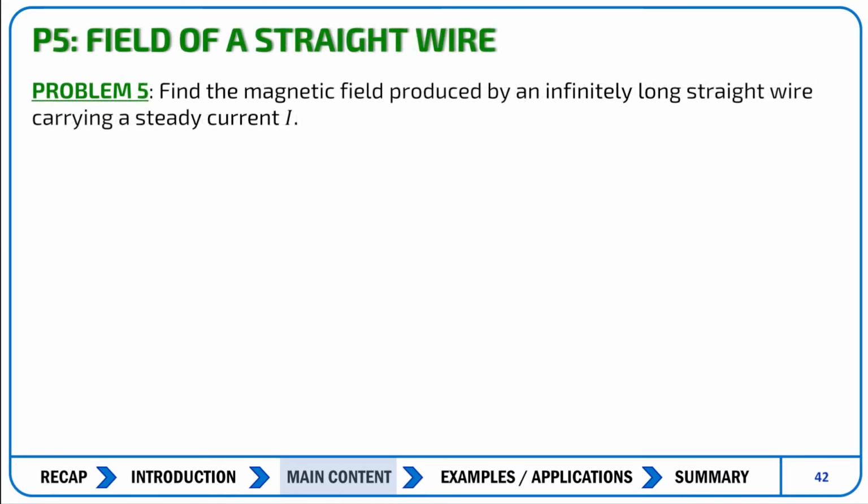Okay, so now we want to take a look at the field at a certain point P of a straight wire instead of a loop. So we're trying to find the magnetic field produced by an infinitely long straight wire that carries a steady current I. So first of all, diagram and givens.